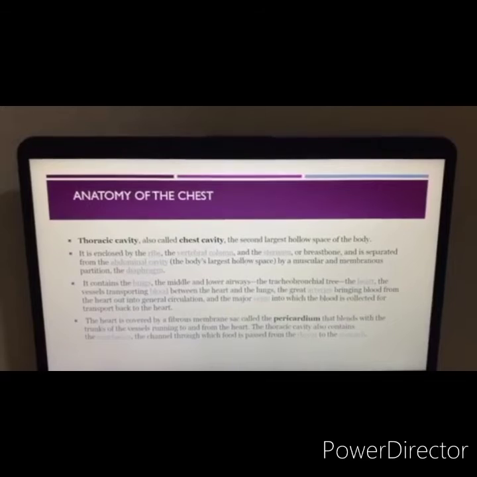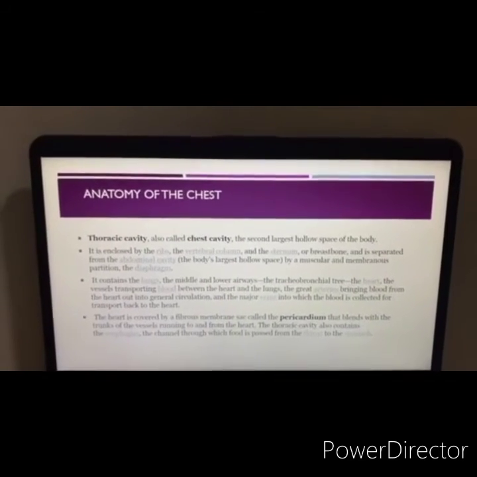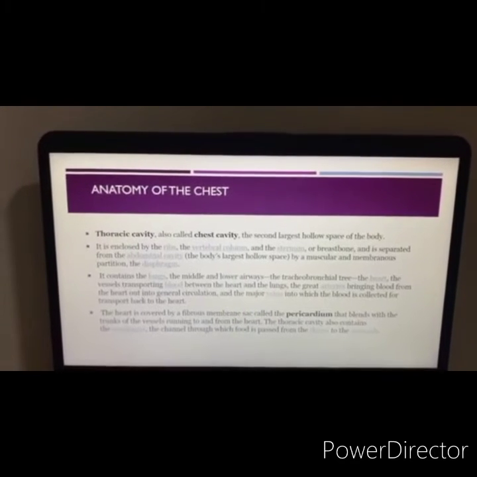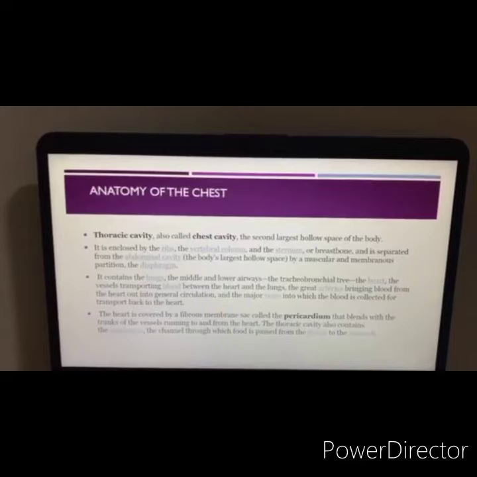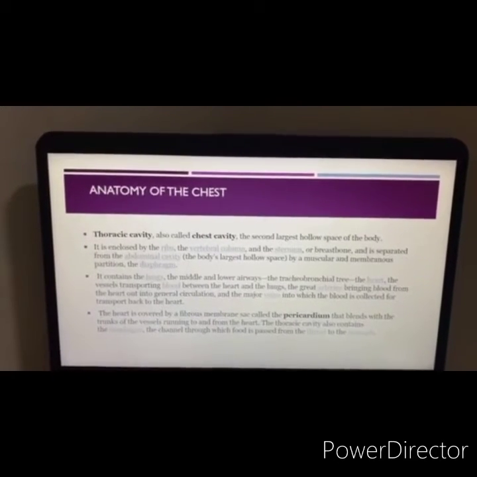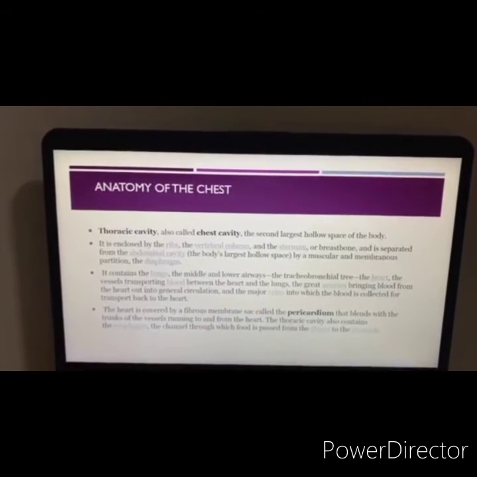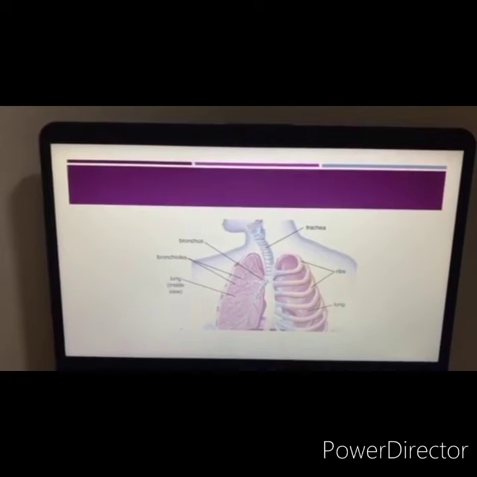The heart is covered by the fibrous membrane sac called the pericardium that blends with the trunks of the vessels running to and from the heart. The thoracic cavity also contains the esophagus, the channel through which food is passed from the throat to the stomach. So this is the anatomy of the thoracic cavity.